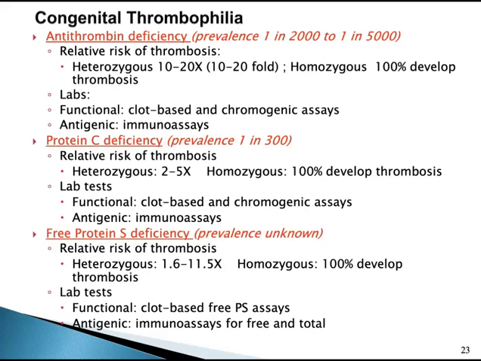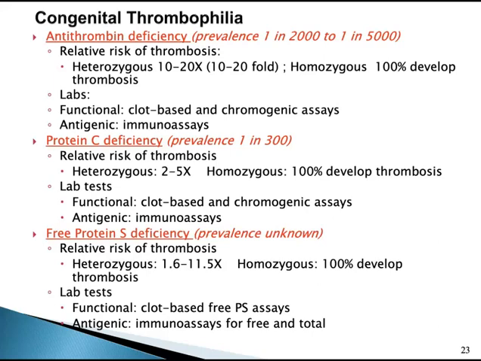Protein C deficiency. Protein C is a very important regulator in the inactivation of factor V and factor VIII. And so protein C deficiency renders the patient with a relative risk of thrombosis. Heterozygous have a risk, but there is more of a risk with homozygous inheritance of protein C deficiency. 100% of those patients develop thrombosis.